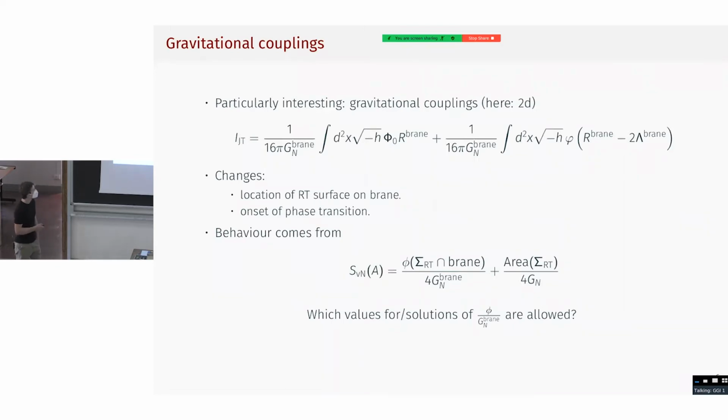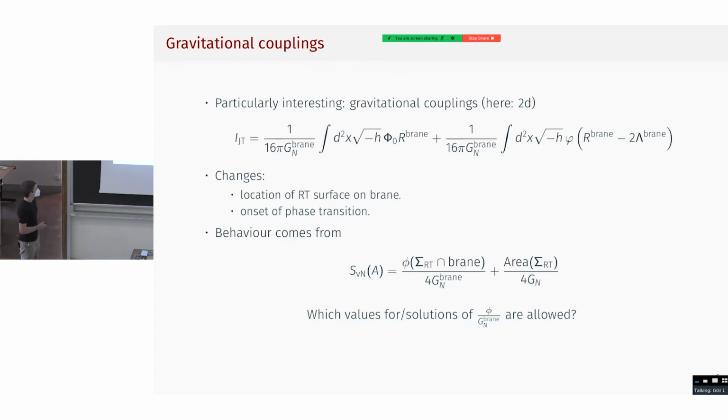And if we add those terms to the brane, what do we do? There are effectively two important changes. First of all, they change the location of where the RT surface can end on the brane. And second, they change the onset of a phase transition.